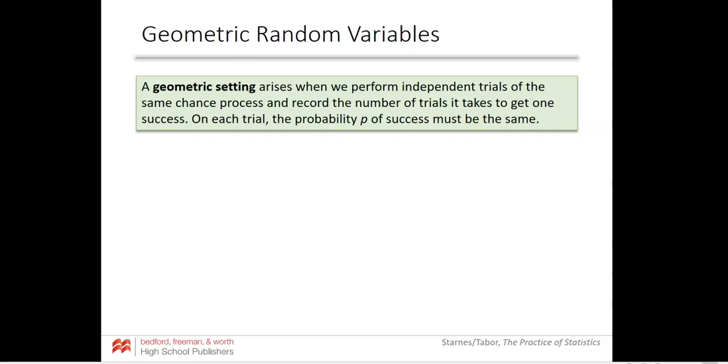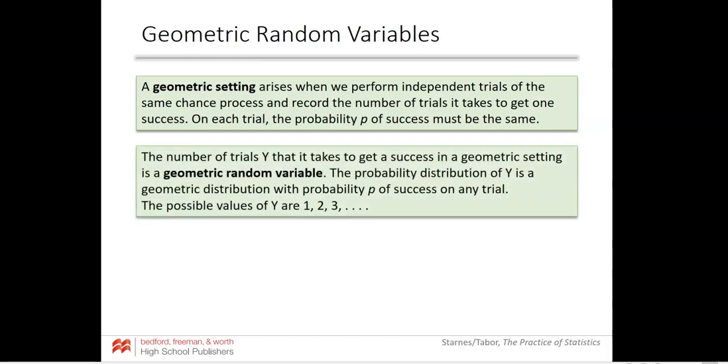I keep rolling the die until I get a 6 for the first time, or I keep flipping a coin until I get heads for the first time. Each trial, the probability of success must be the same. But again, think of geometric as how many times it's going to take to get the first of something to happen. That's typically what geometric is. So the number of trials.